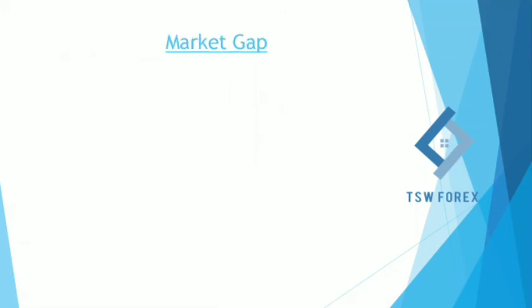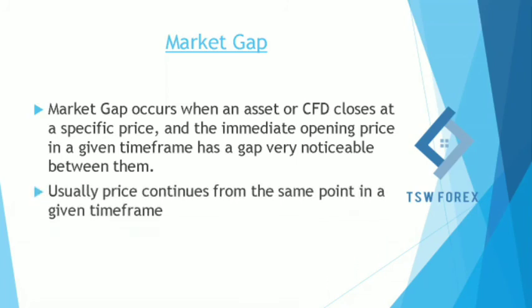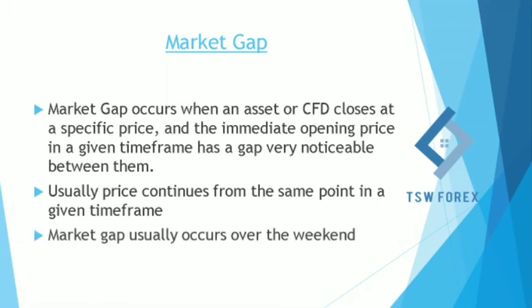Market gap. A market gap occurs when an asset or CFD closes at a specific price, and the immediate opening price in a given time frame has a very noticeable gap from it. Usually price continues from the same point in a given time frame. A market gap usually occurs over the weekend, between the closing hours and the opening hours of trading.